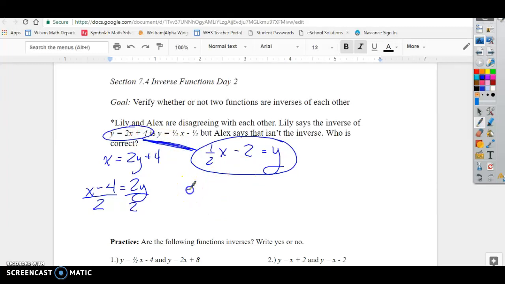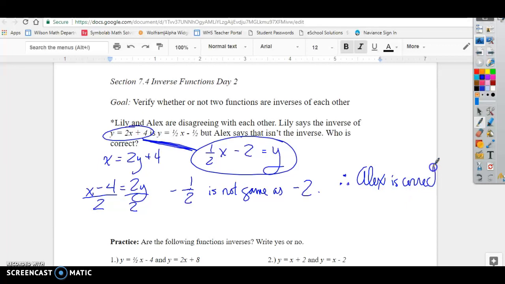However, the negative half is not the same as negative 2. So therefore, Alex is correct. They are not inverses.